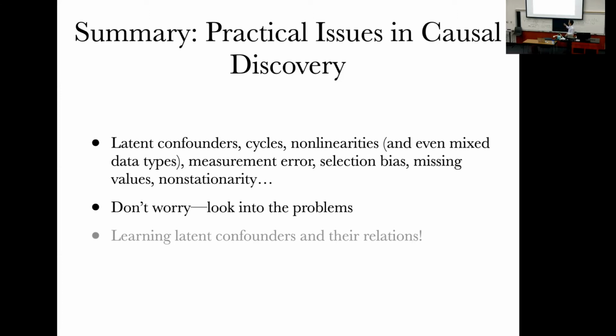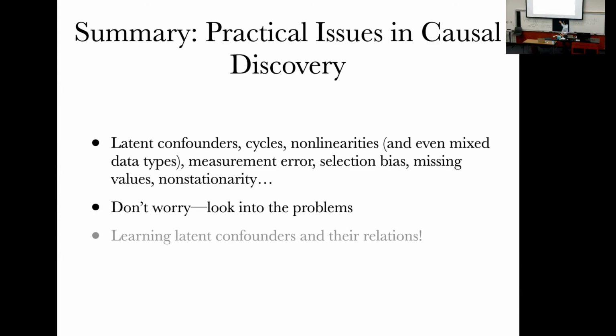But basically, the problem can be solved. If you have a real problem, look into the problem. There might be a lot of other factors you have to consider, and after you consider those factors, it is very likely for you to discover the underlying truth of interest. Okay, so now let's see how we can learn latent variables and their relations.